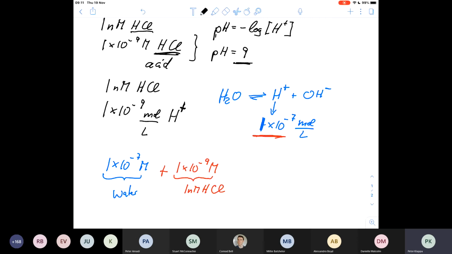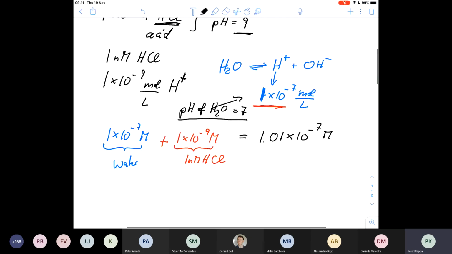So our total concentration of protons would be 1.01 times 10 to the minus 7 molar. Put them together, the protons from water, from pure water, and that is the reason why the pH of pure water is 7.